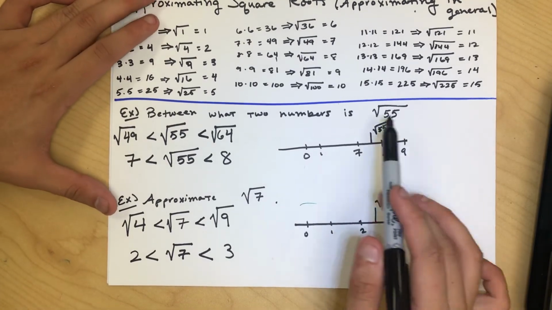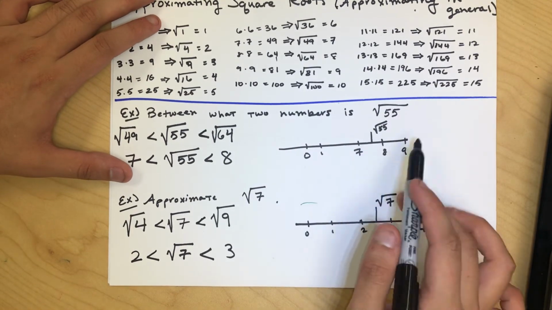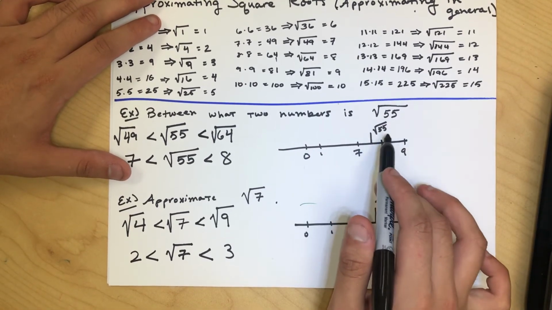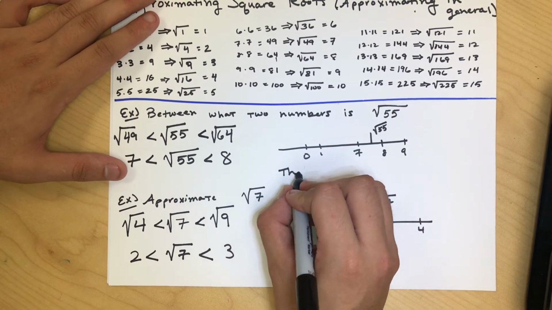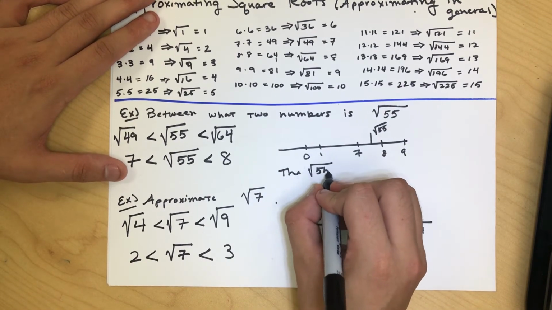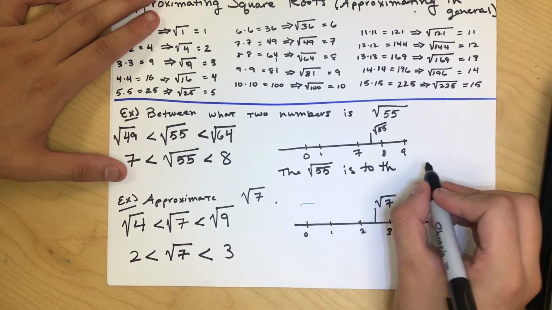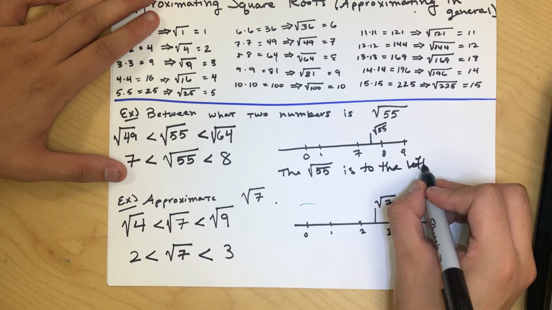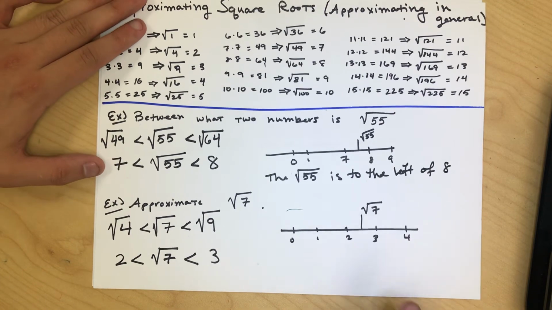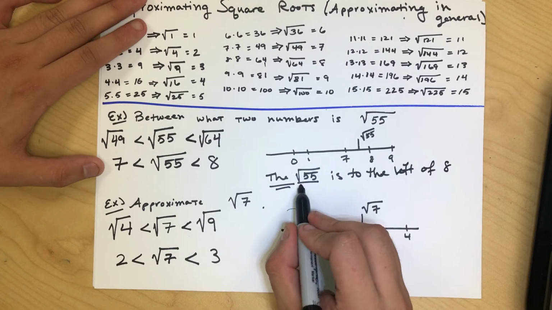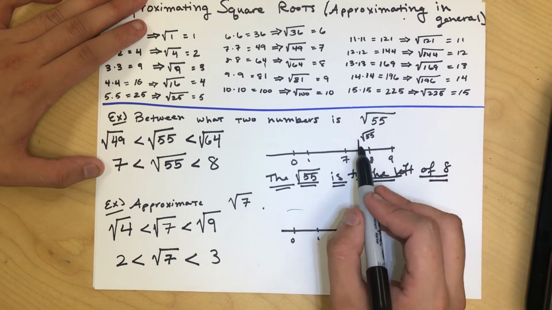What could we say about this first one? Maybe we could write a couple of sentences describing the actual position of the square root of 55. So maybe we could say the square root of 55 is to the left of 8, because the square root of 55 is right here.